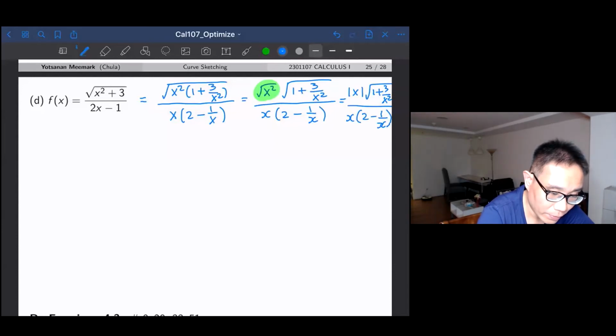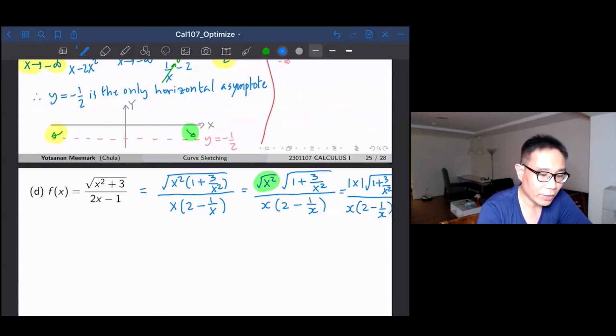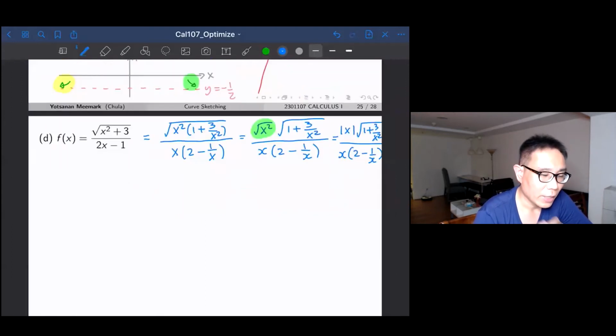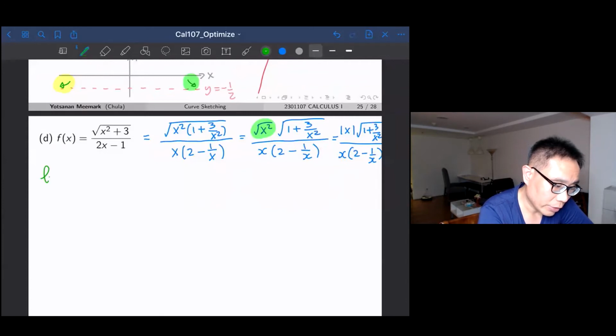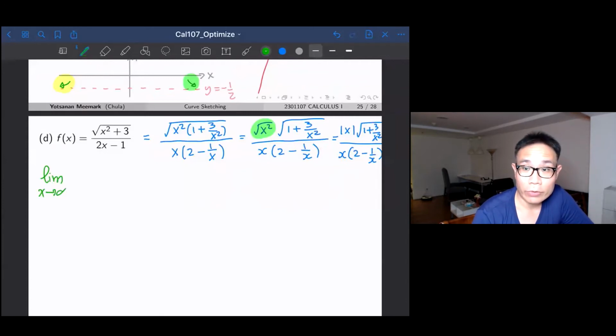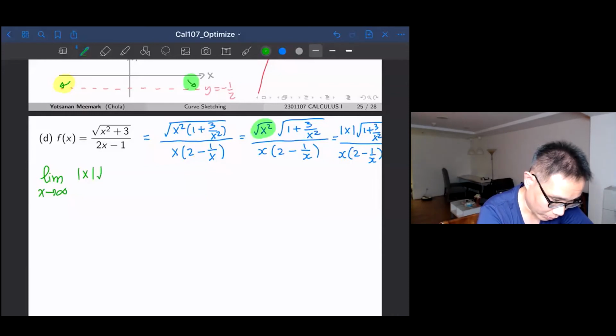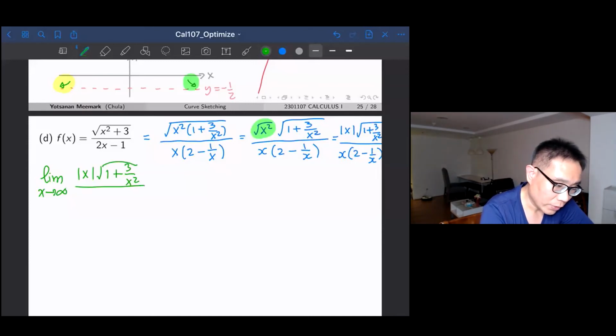So in this case, we simplify, and we're not going to do anything further until we take the limit. So x goes to infinity, so you are taking the limit as x goes to infinity of the absolute value of x times the square root of 1 plus 3 over x squared, and on the bottom, you have x times 2 minus 1 over x.